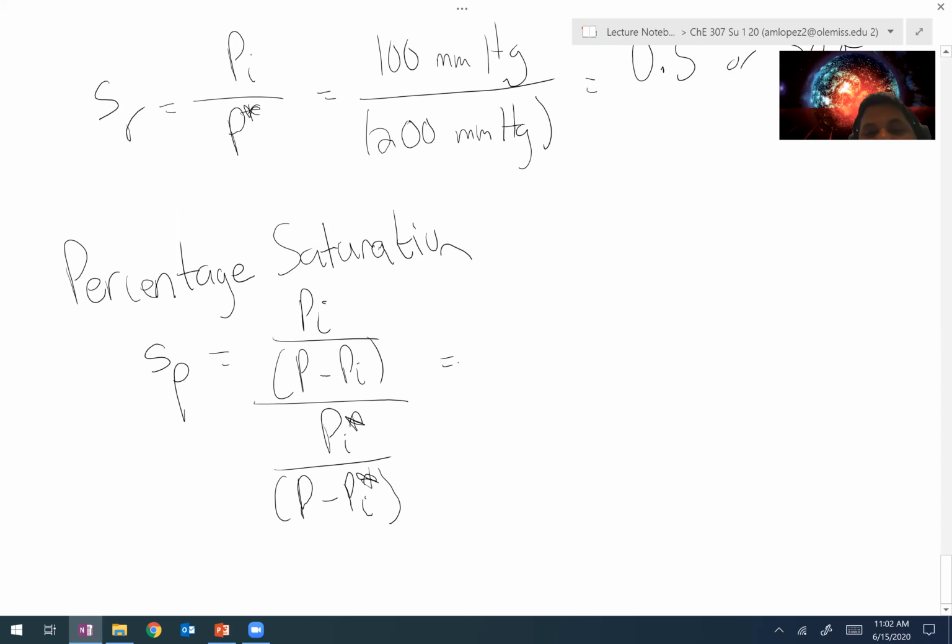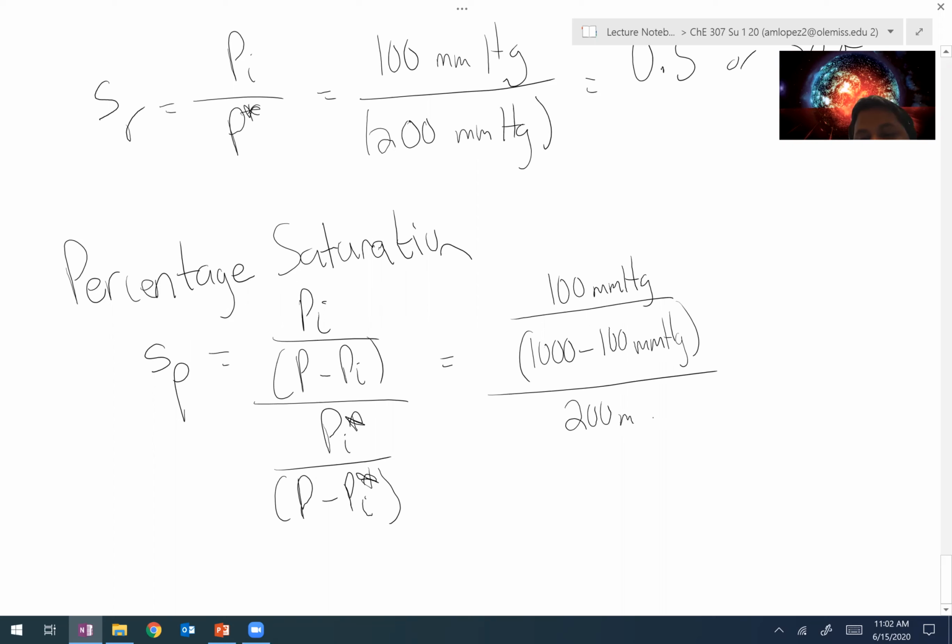So for this problem, it would be 100 millimeters of mercury over the 1,000 minus 100 millimeters of mercury, all over the 200 millimeters of mercury divided by 1,000 minus the 200 millimeters of mercury.